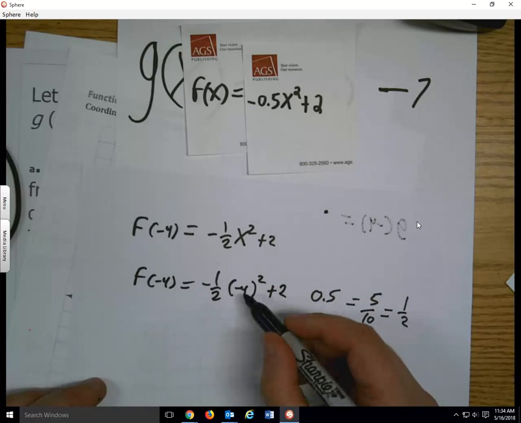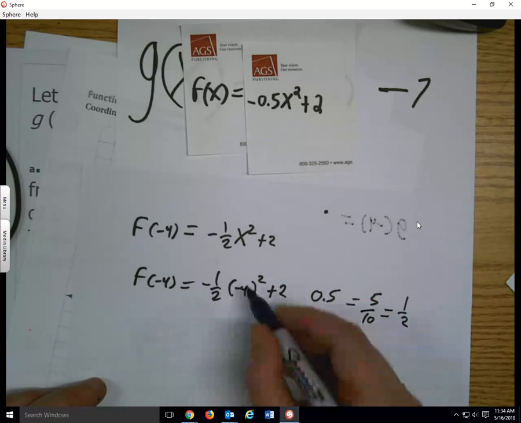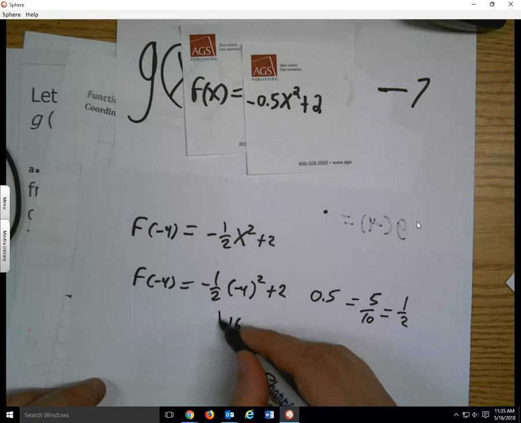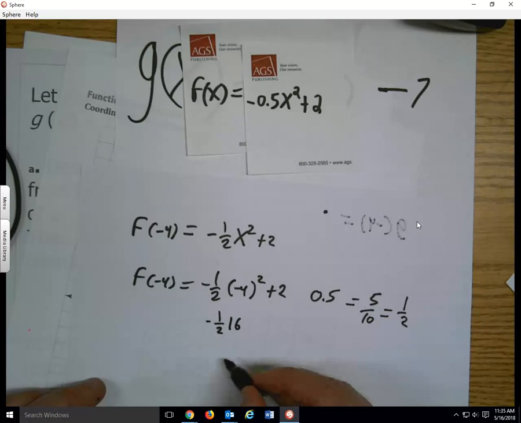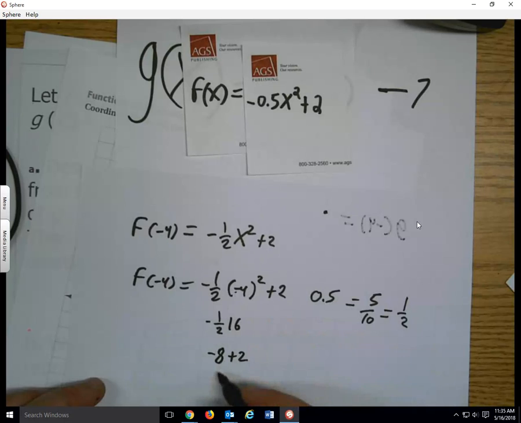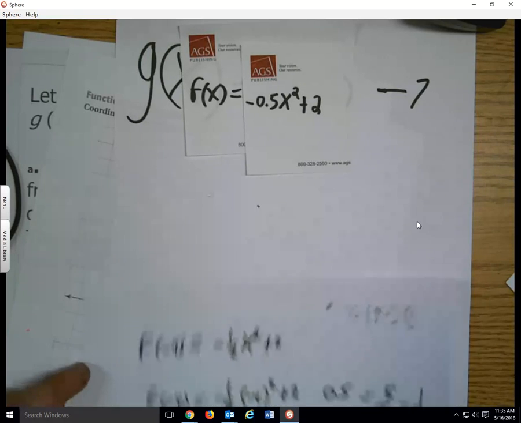We do the order of operations: a -4 times a -4 is a positive 16. Half of positive 16 would be 8, so -8. But then you add 2 to it. So if you substitute in a -4, you end up with a -6.